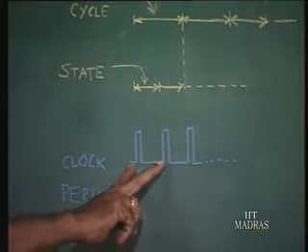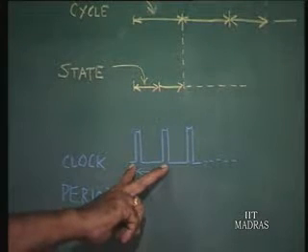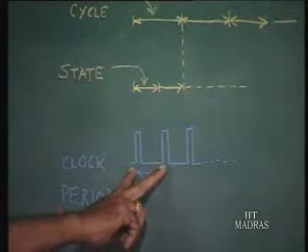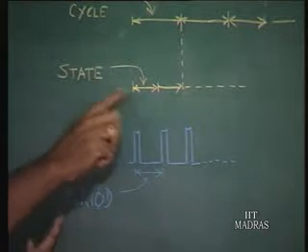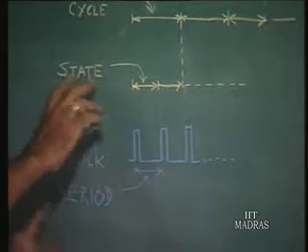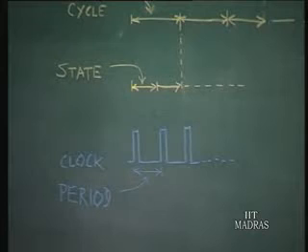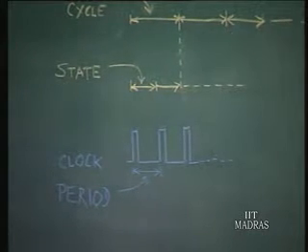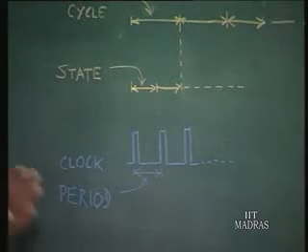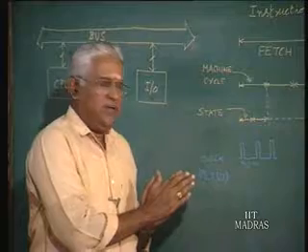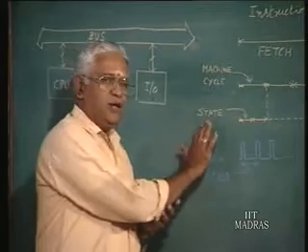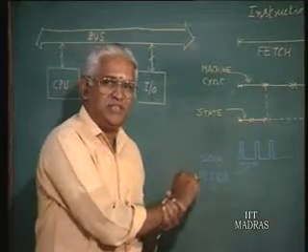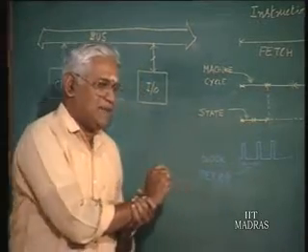So you can see that during each clock period, there is some minimum activity going on. That is in fact the state of the processor. Now that in fact points to us that the study of a processor is essentially the study of a state machine in general. We will come to that a little later.